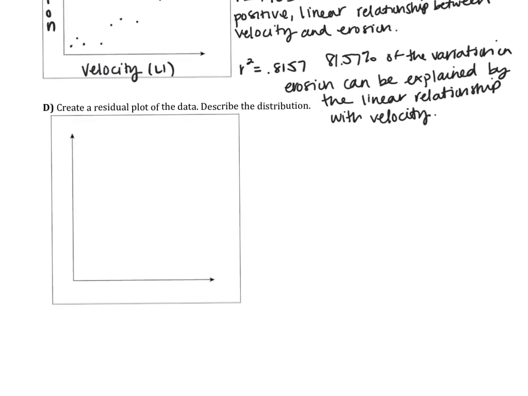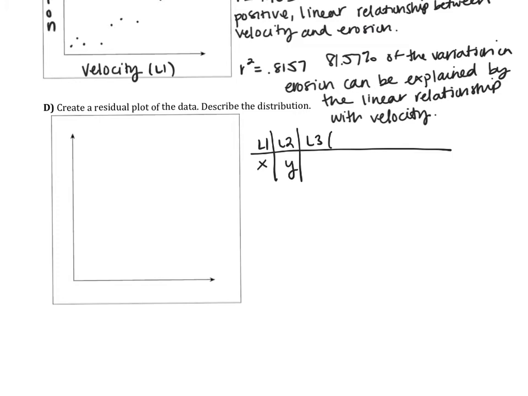Part D tells us to create a residual plot. All right, so here's what we've got going on here. List 1, we have x values. List 2, we have y values. List 3, we're going to compute those y hat values, all of our predicted values, by plugging every single x value into our equation.